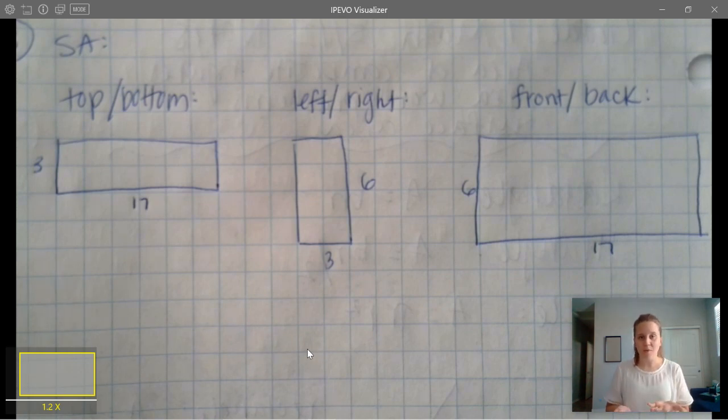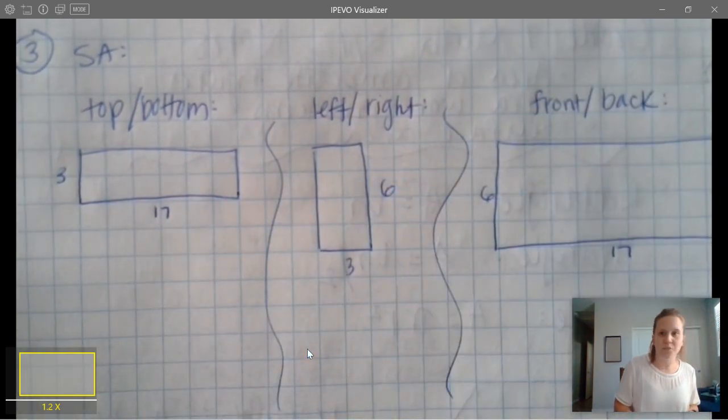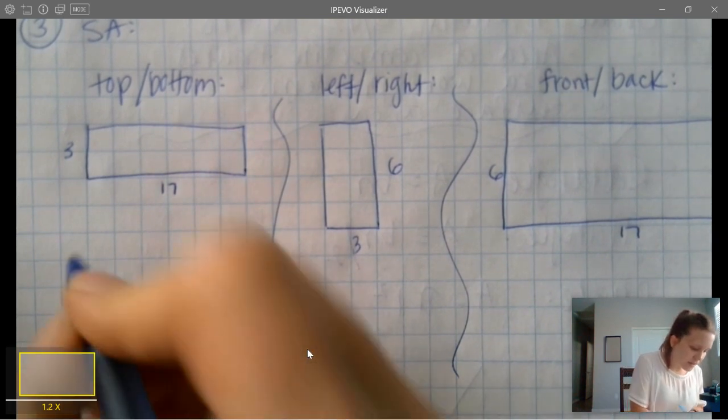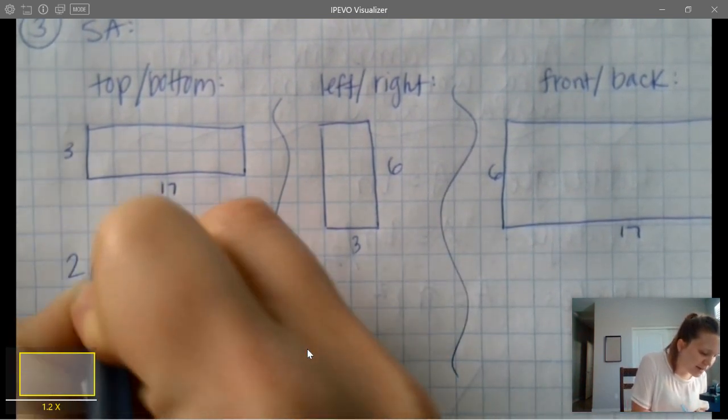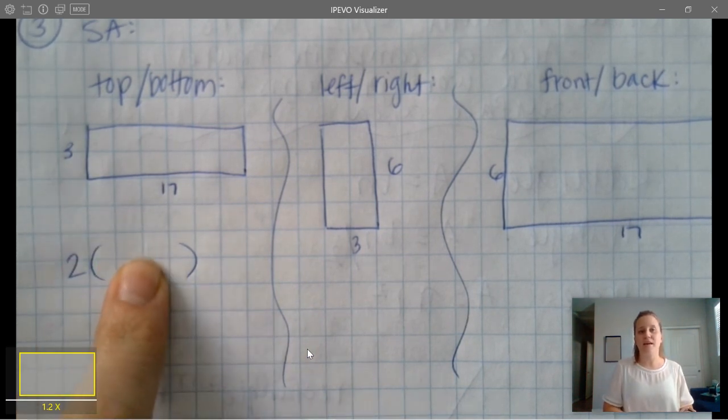All right, now what we need to do is find the area of each piece. And what I'm going to do is set up just one at a time. When I think about the area of the top and bottom, I'm going to think about it like 2 times the area of the top, because the top and the bottom are 2 separate faces.